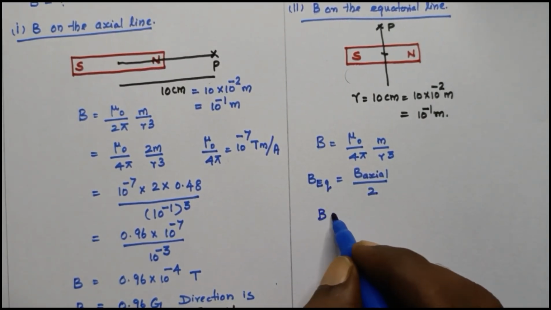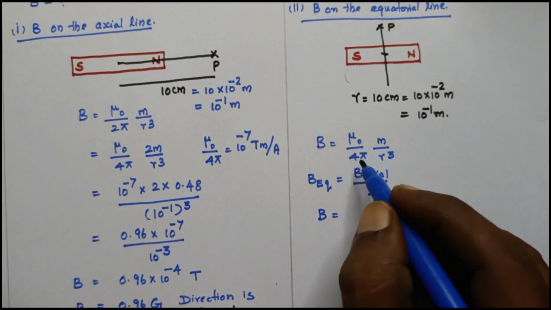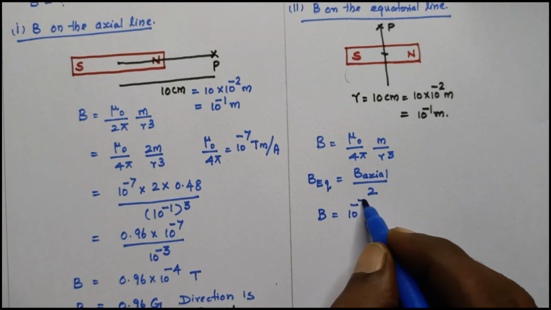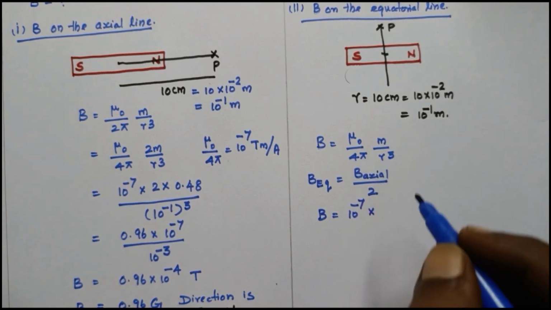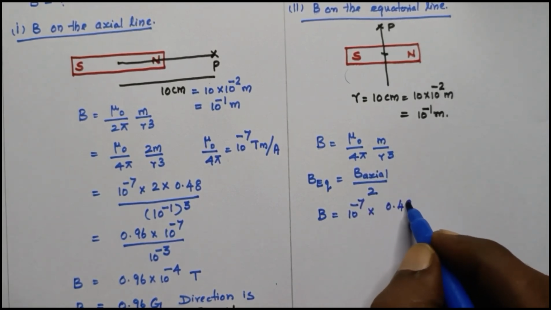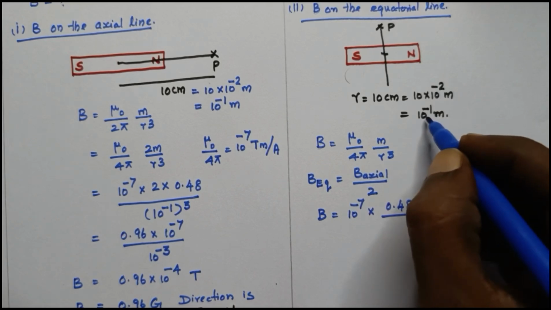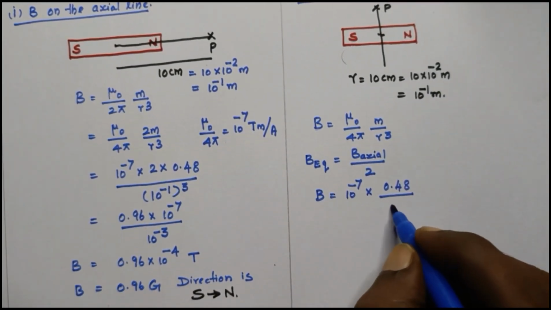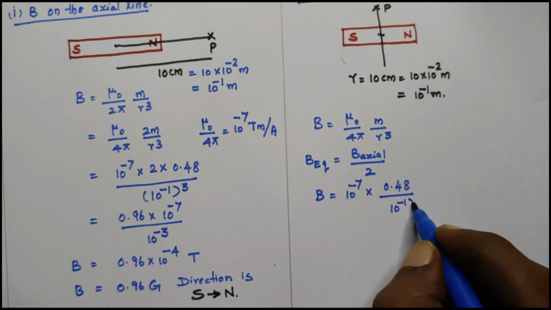B is equal to, we know the value of mu 0 by 4 pi. Mu 0 by 4 pi is 10 to the power minus 7, into m, which is 0.48. What is r? r is 10 to the power minus 1, so r cube is 10 to the power minus 1 whole cube.